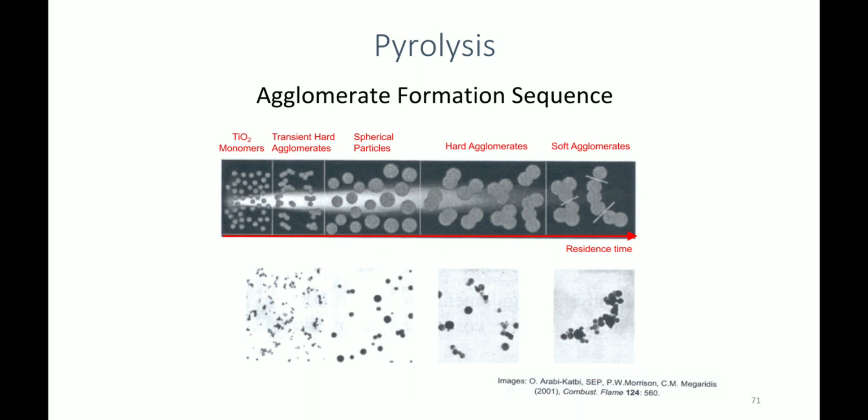So all these process steps have been carried out, and they have studied how the nanoparticles look if we quench them at particular stages. Below is the TEM image, where you can see that initially there are monomers, very small particles, and then they start to grow into spherical particles, then they hard agglomerate, and then they softly agglomerate.